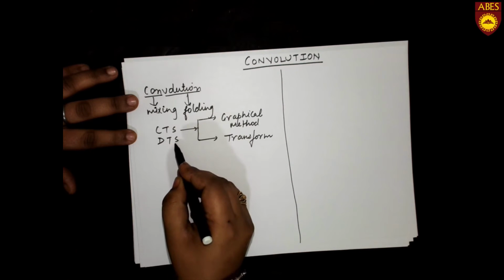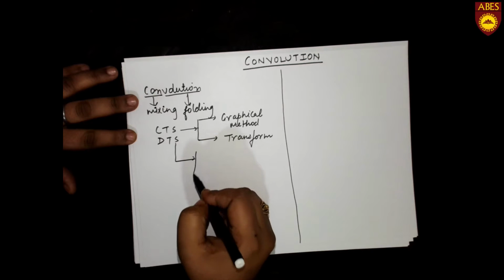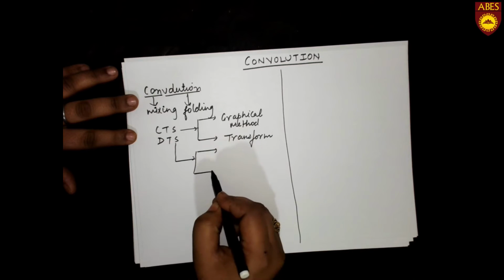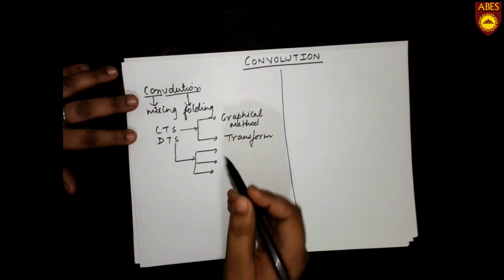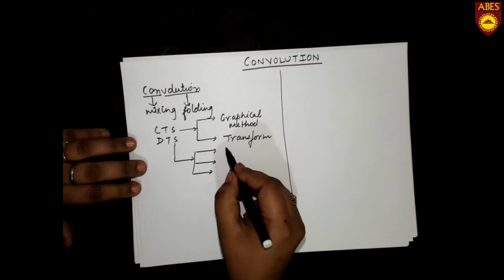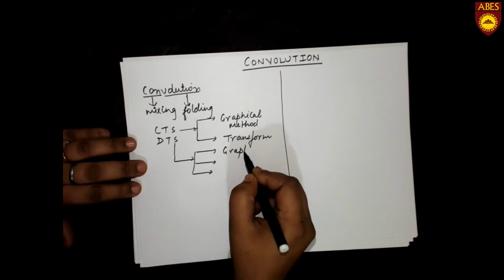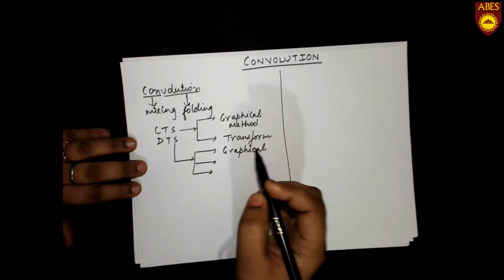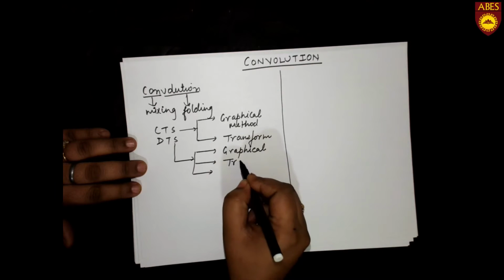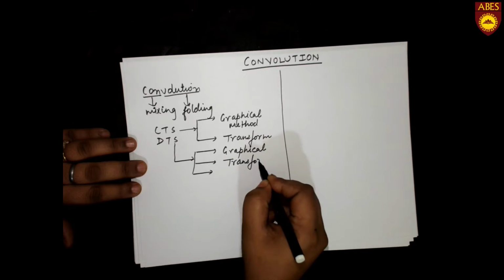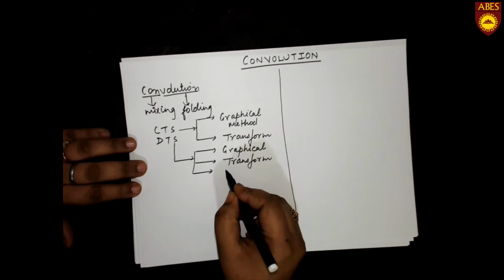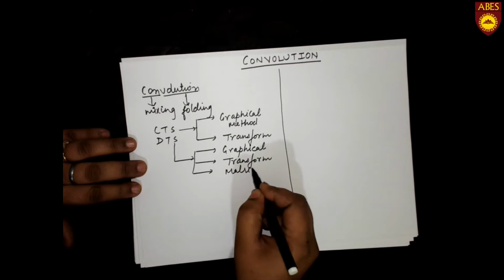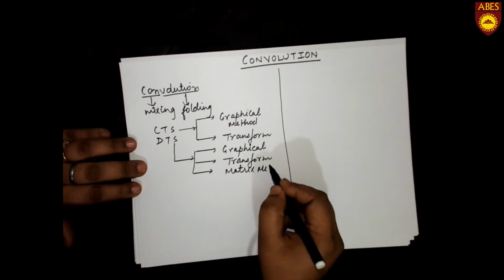For discrete time signals, there are three ways by which convolution can be performed. First is your graphical method, second one is your transform, and third one is your matrix method.